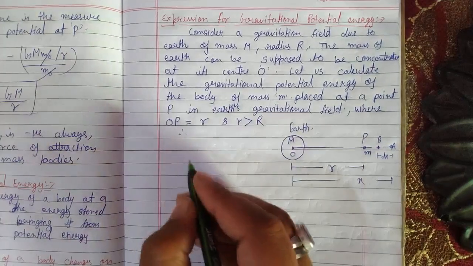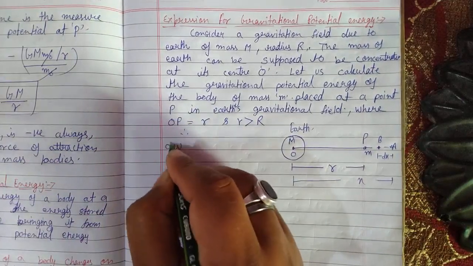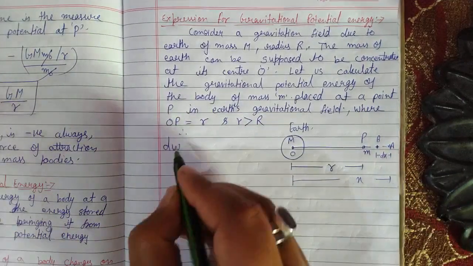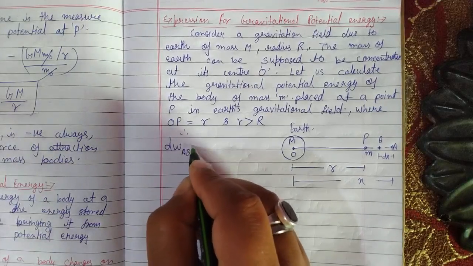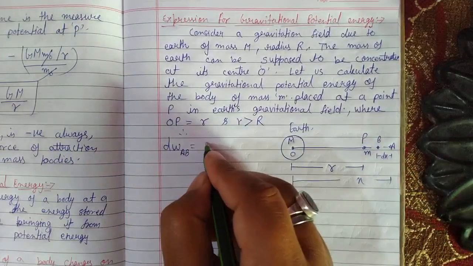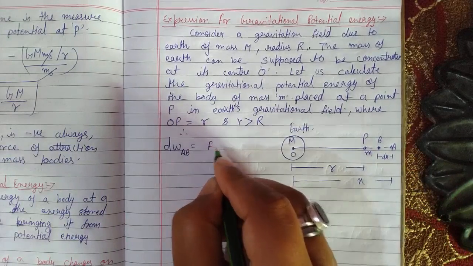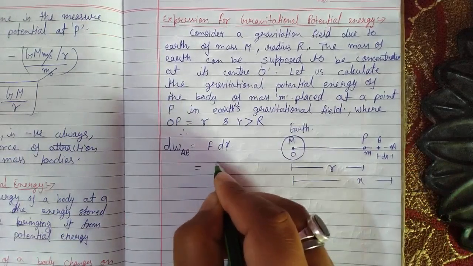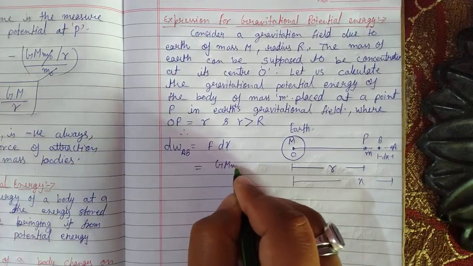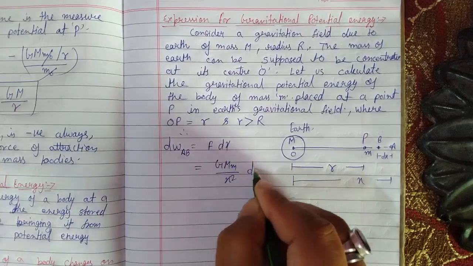Therefore, the small work done from A to B is given by F dx, which is equal to G M m upon x square dx.